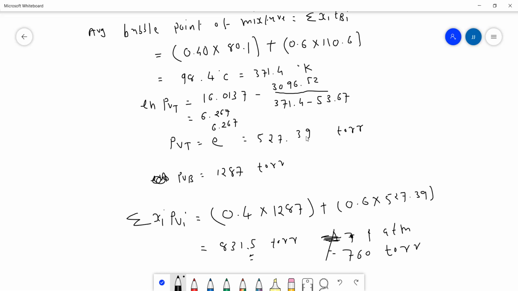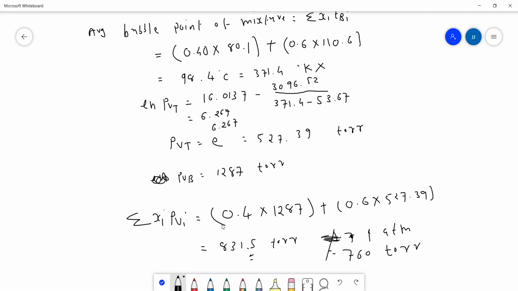Vapor pressure is a function of temperature. That means the bubble point temperature should be less. So this 98.4 is not the bubble point temperature. What we can do is assume a temperature less than 98.4, let's say 97, then determine PV using the same equation and check this condition.